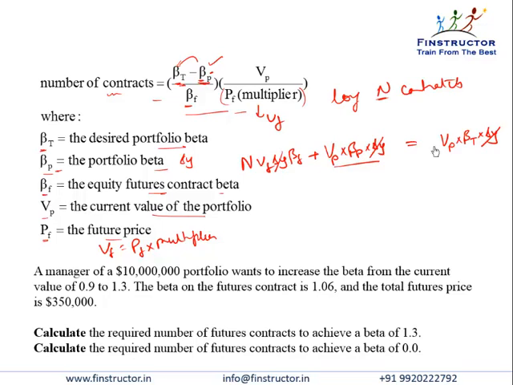VP, beta P, beta T, beta F are all known. The only unknown here is N, which can be derived as beta target minus beta portfolio into the value of the portfolio divided by the value of one futures contract, or beta F into one futures contract.